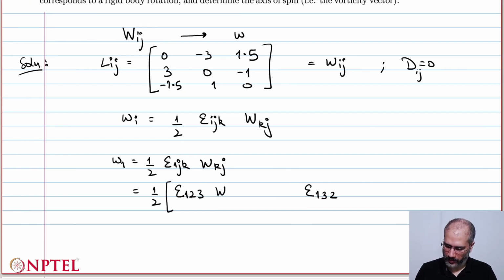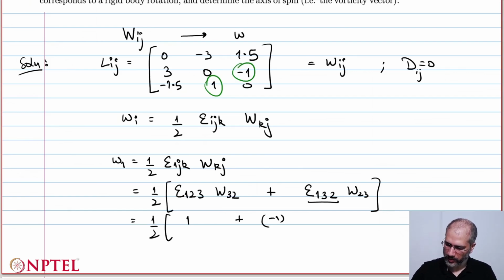So this is W32 plus here we have WKJ, this is W23. And let's expand this. So epsilon 123 is a 1, and W32, which is L32 in this case, is this component. So that's a 1 as well, plus epsilon 132 is a minus 1, and W23 is minus 1. So this is a minus 1 as well.